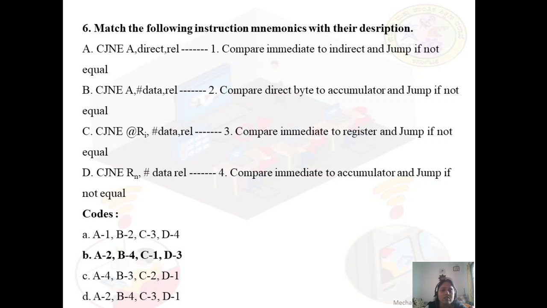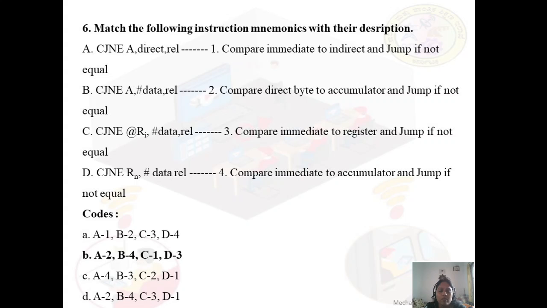Now, match the following instruction mnemonics with their description. CJNE A, direct, relative address. CJNE A, #data, relative address. CJNE @Ri, #data, relative address. CJNE Rn, #data, relative address.